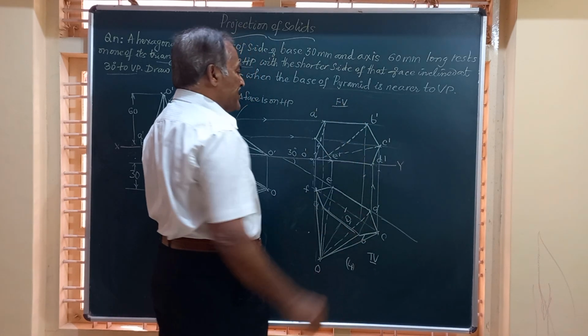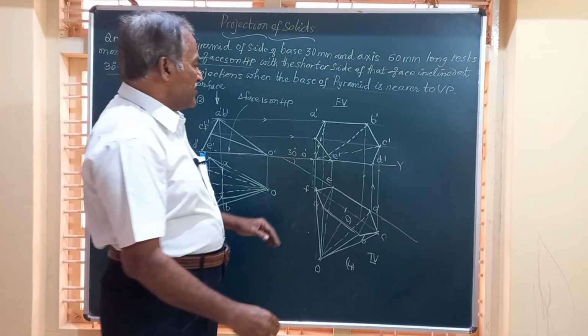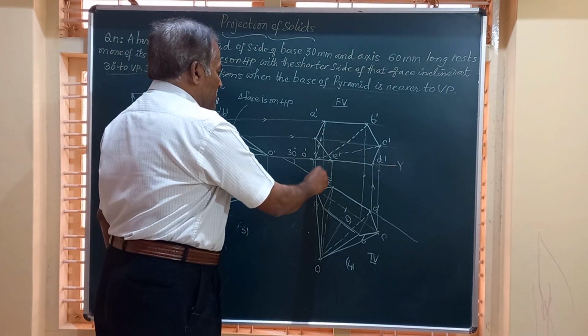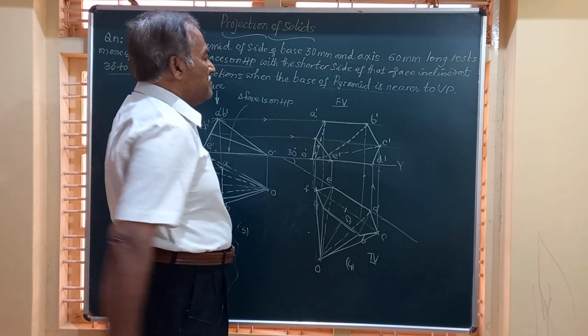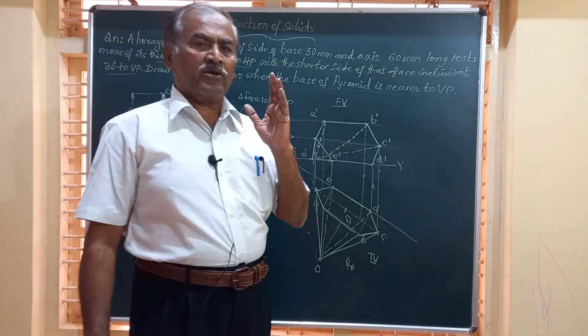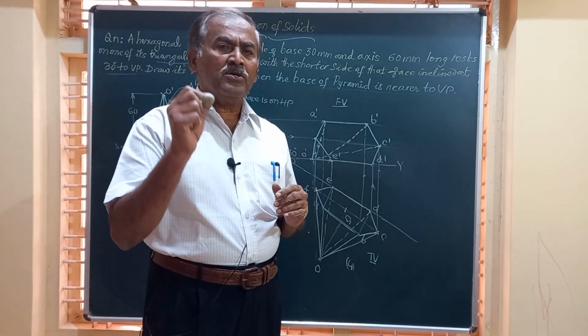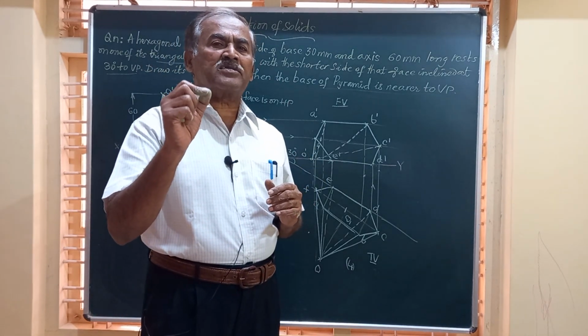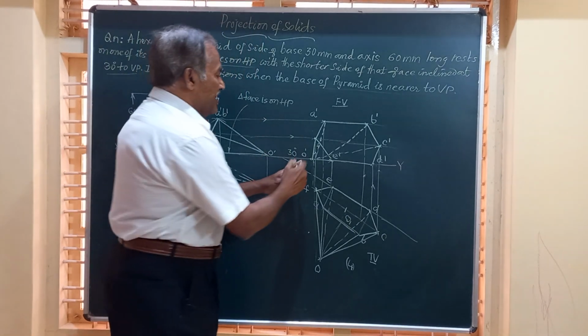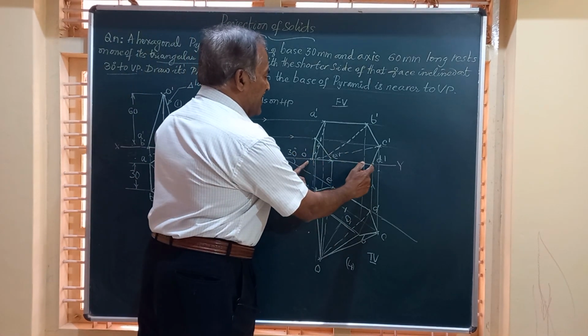And let us verify now whether the solution we have got is right or wrong. So friends, how to check that? Now, since it is resting on one of the triangular faces, there should be only 3 points of the solid touching xy. So which are they? O dash, E dash, D dash.